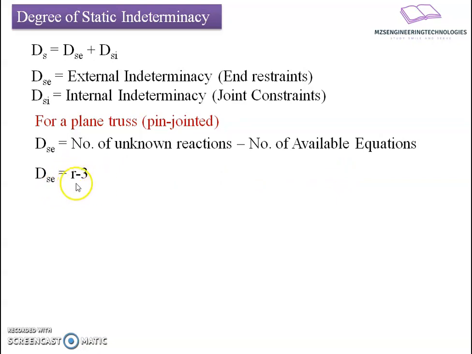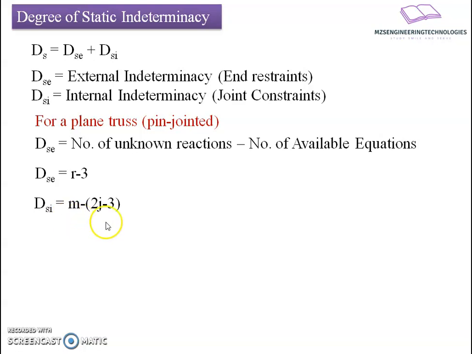Here r is the count of reactive forces developed due to end restraints, and 3 is the number of usable equilibrium equations for the given force system. Let us count the degree of internal indeterminacy, which is defined as m minus 2j plus 3.